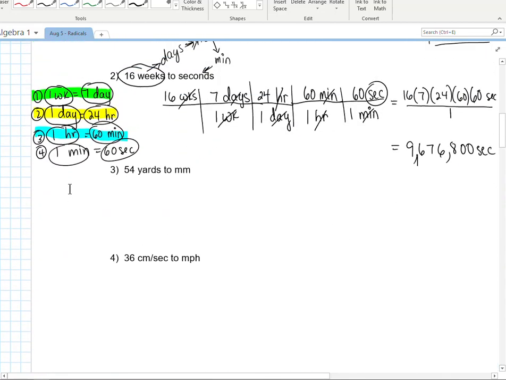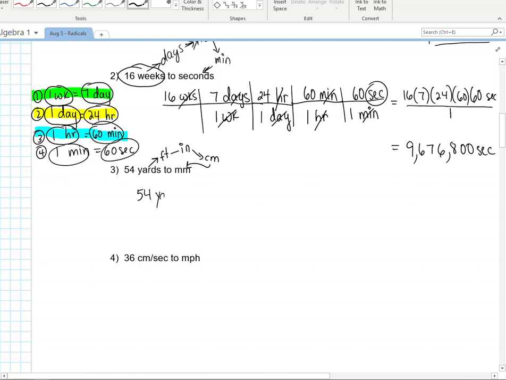So it looks like we're going to have to go from yards to feet, from feet to inches, from inches to centimeters, and then from centimeters to millimeters. Yikes. All right, here we go.